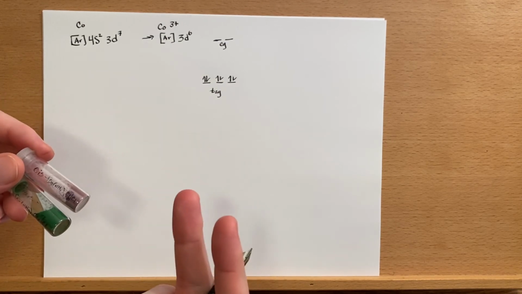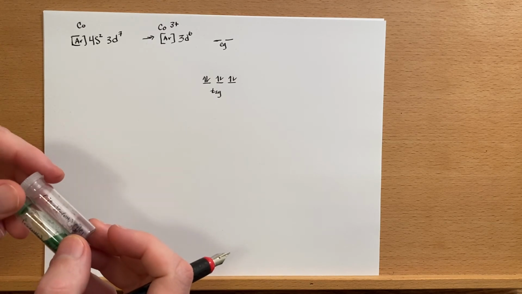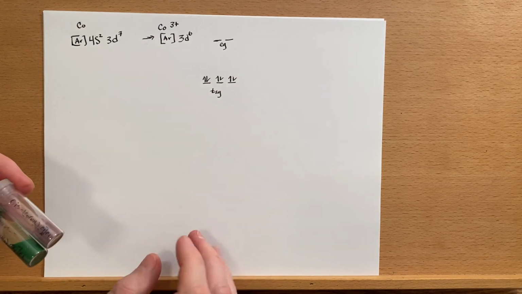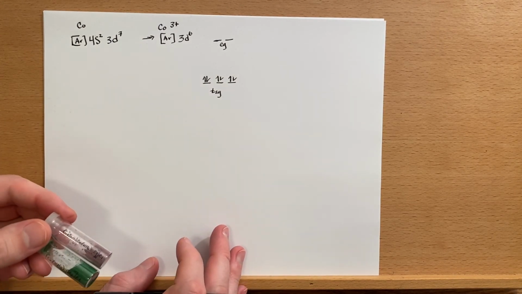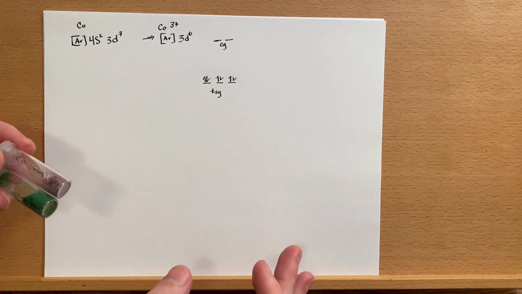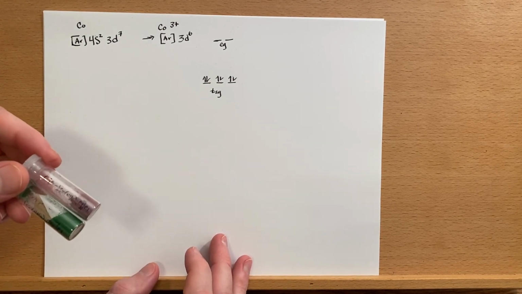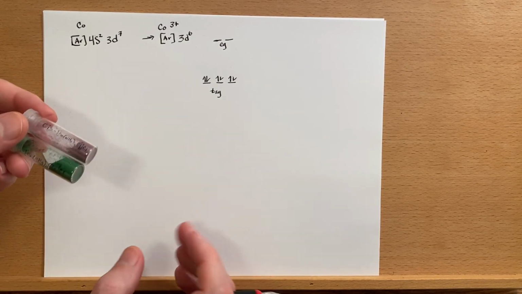Now, chlorines or chlorides are a low field ligand, so at the very least, these orbitals are closer to each other. Now, whether it's close enough for them to be high spin, I'm not sure. But let's just see how many unpaired electrons we would have if they were high spin.